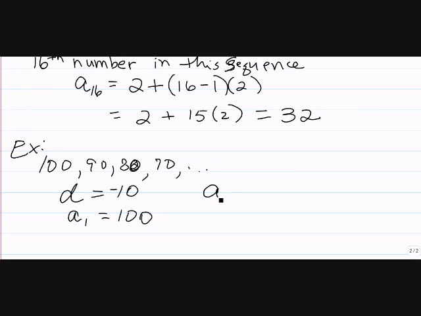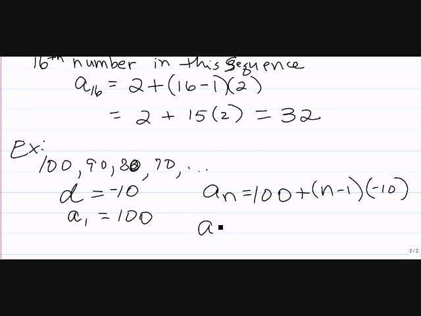So my formula for generating the sequence of numbers is a sub 1 plus n minus 1 times my common difference. There's my formula. You can pretty this formula up a little bit if you care to. A sub 1 is 100. D is negative 10.